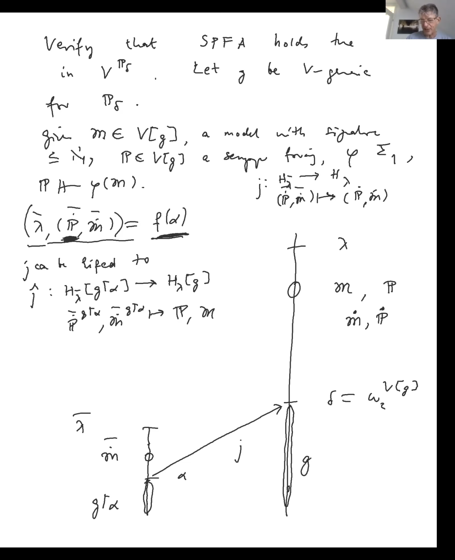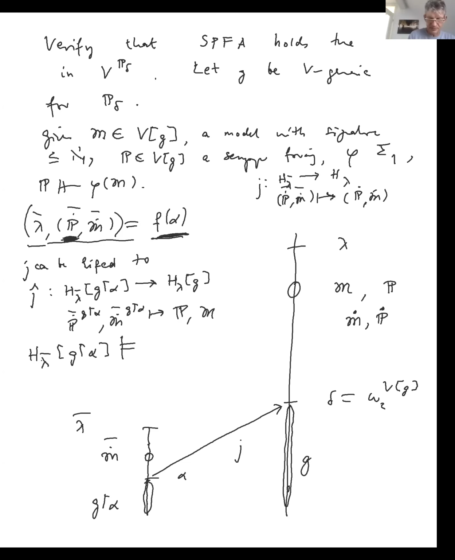Okay, but upstairs, also by elementarity, you have phi of M holding true in V of G. So you may pick lambda big enough so that it can see that phi of M holds true upstairs. So just by elementarity of J hat, we have that downstairs H lambda bar G alpha thinks, I'm sorry, upstairs I misspoke.